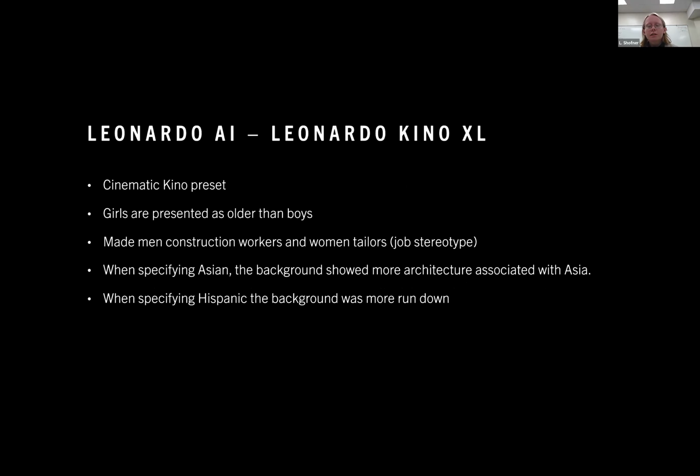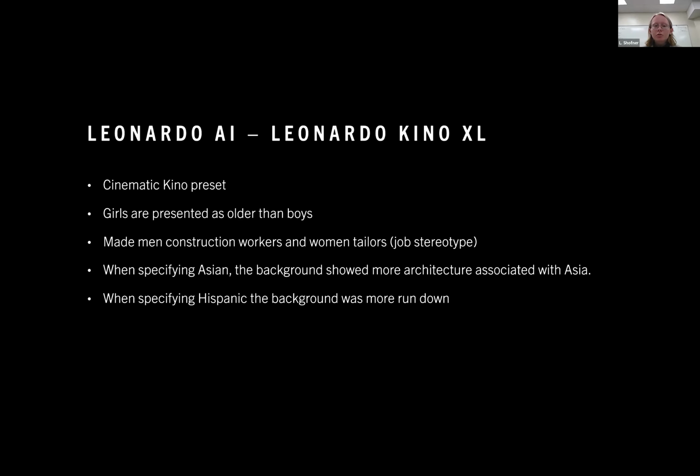So the first service I used was Leonardo AI, and the model I used was the Leonardo Kino XL with the cinematic Kino preset. Just some of the things that you'll see in the photos I'm about to show. Sadly, I can't show all the photos because of time, but I chose the ones that are the most relevant.